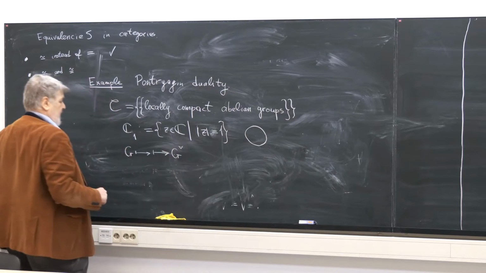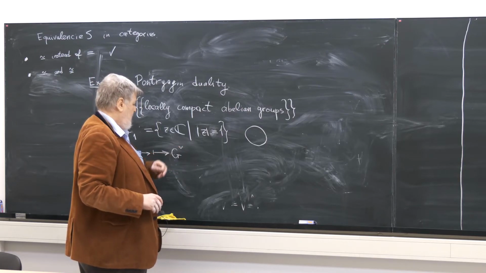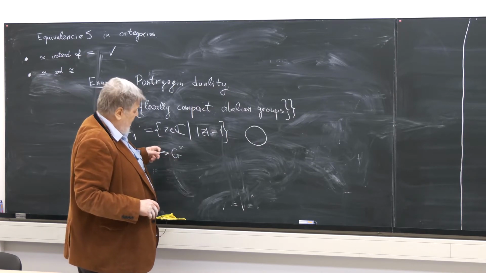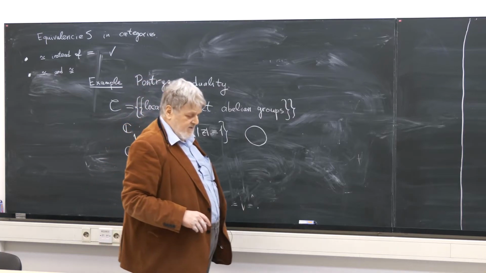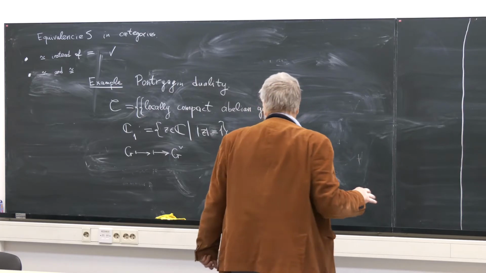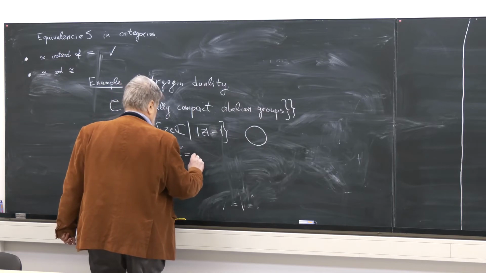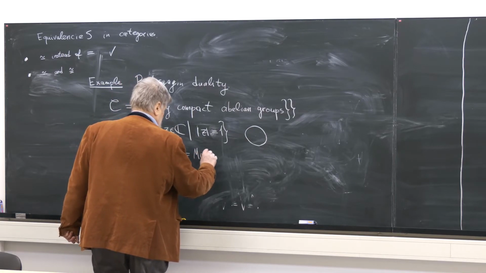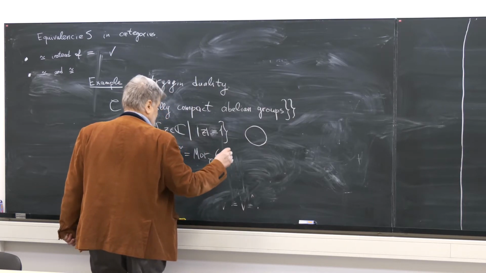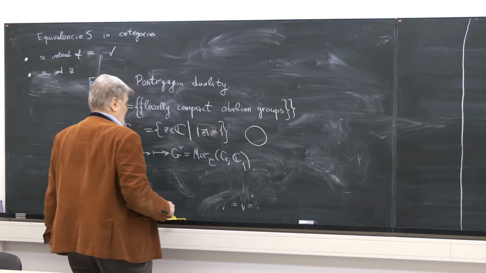We'll denote it like this in a similar way to the dual vector space G check. Sometimes the hat is used, but then some clash of annotations happens. That is just the set of morphisms in this category from J to C1, to the circle.